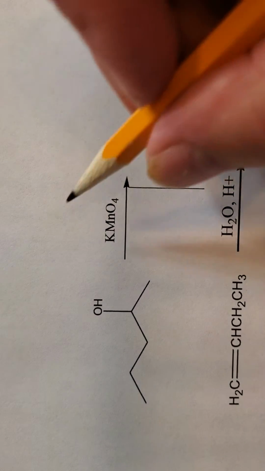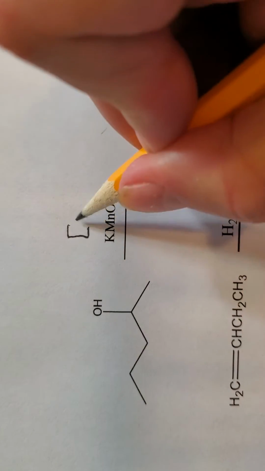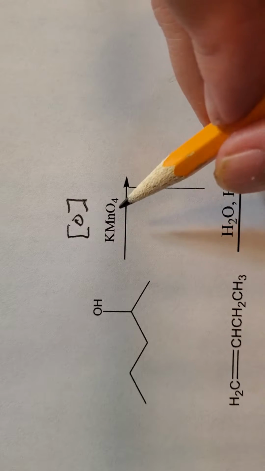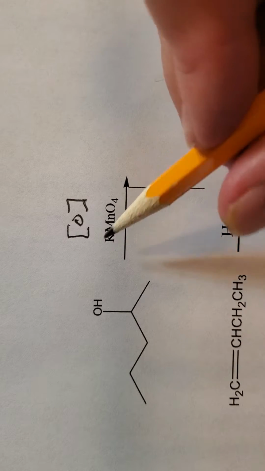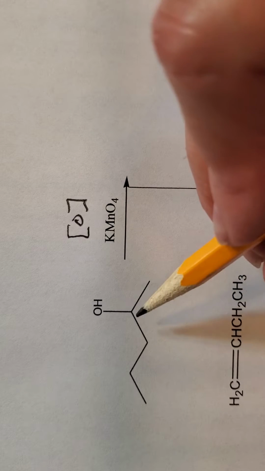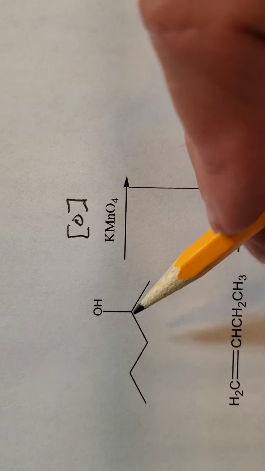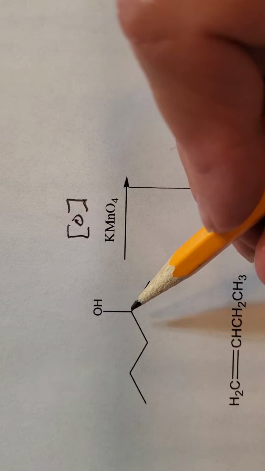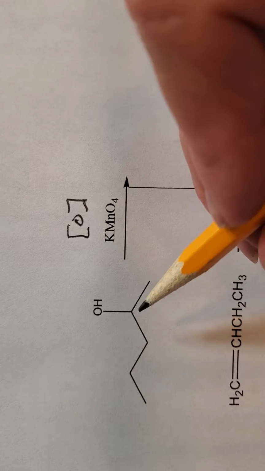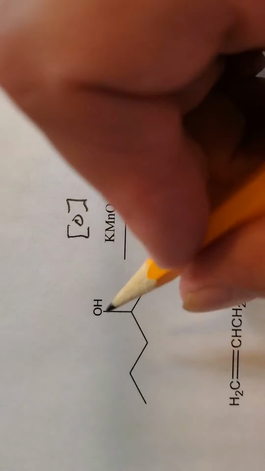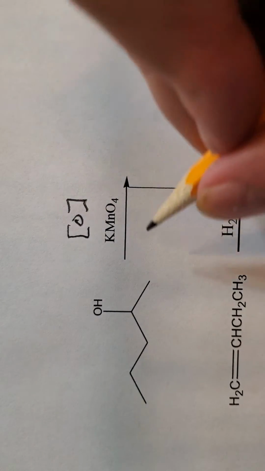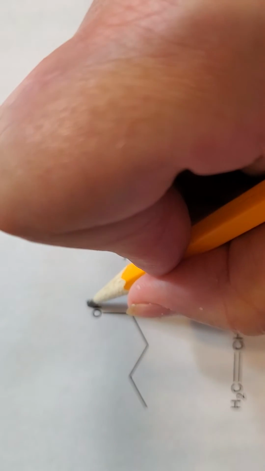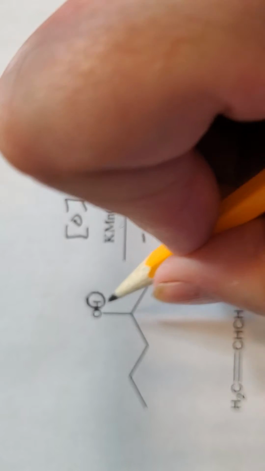So this is an oxidation. So this is potassium permanganate, which is an oxidizing agent. So we're going to look at the oxidation of a secondary alcohol. And the oxidation of a secondary alcohol is going to give us a ketone. So we're going to actually lose 2 hydrogens. Here's one of the hydrogens.